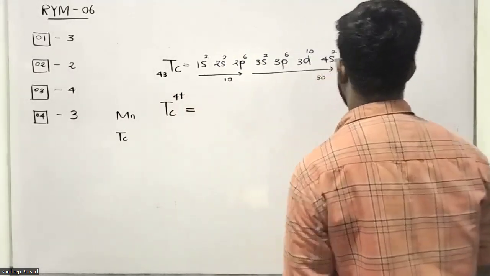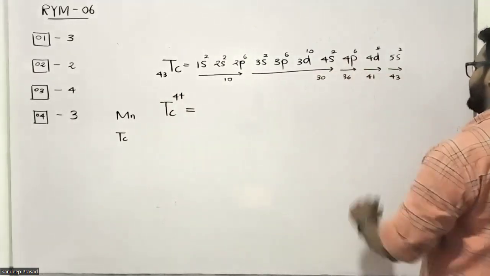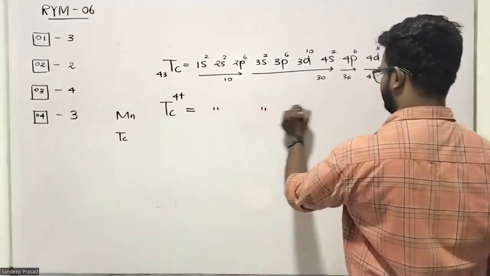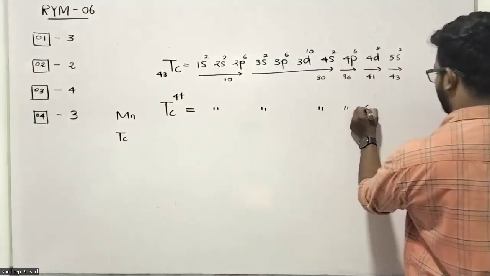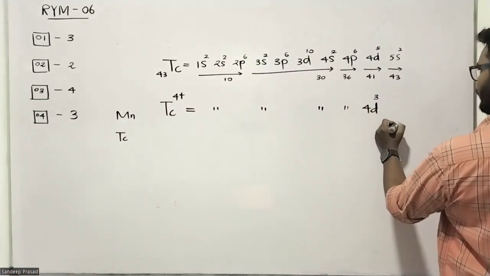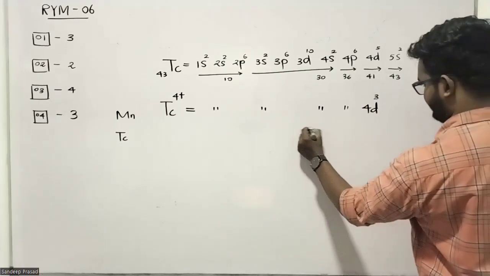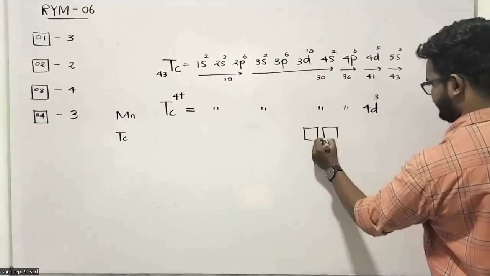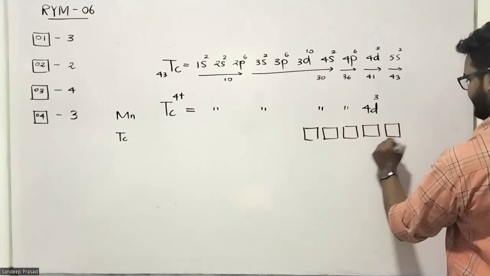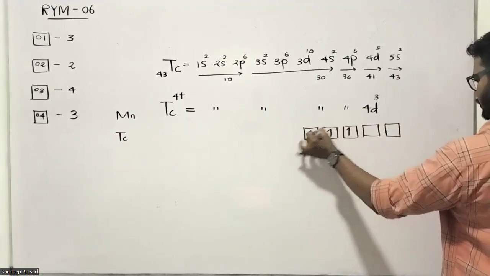Then this is forming a Tc 4 plus cation. The 4 plus cation means it is removing 4 electrons. After removal of 4 electrons, the configuration is 4d3, 5s0. 4d3 means in the d sub-energy level, we know that 5 orbitals are there. In these 5 orbitals, there are 3 electrons according to Hund's rule, one for each orbital: 1, 2, 3.